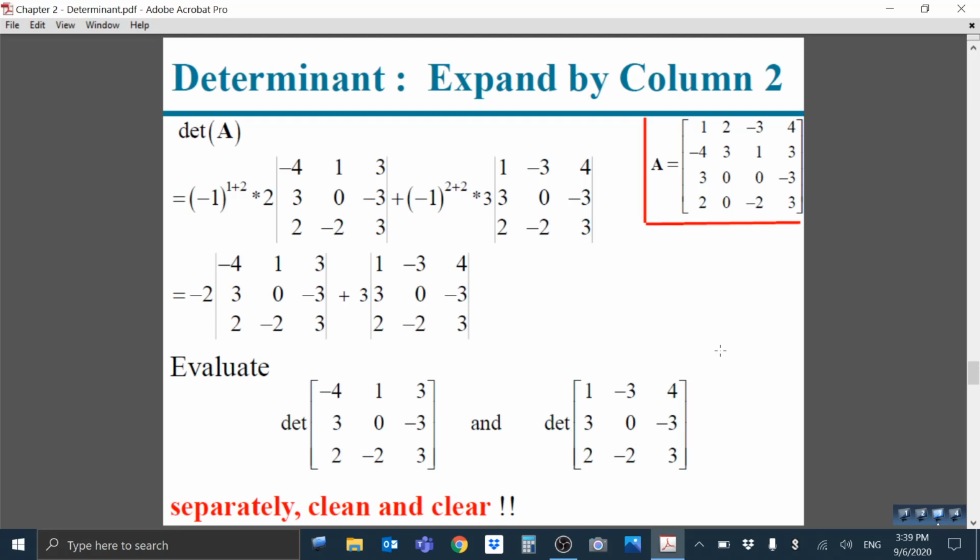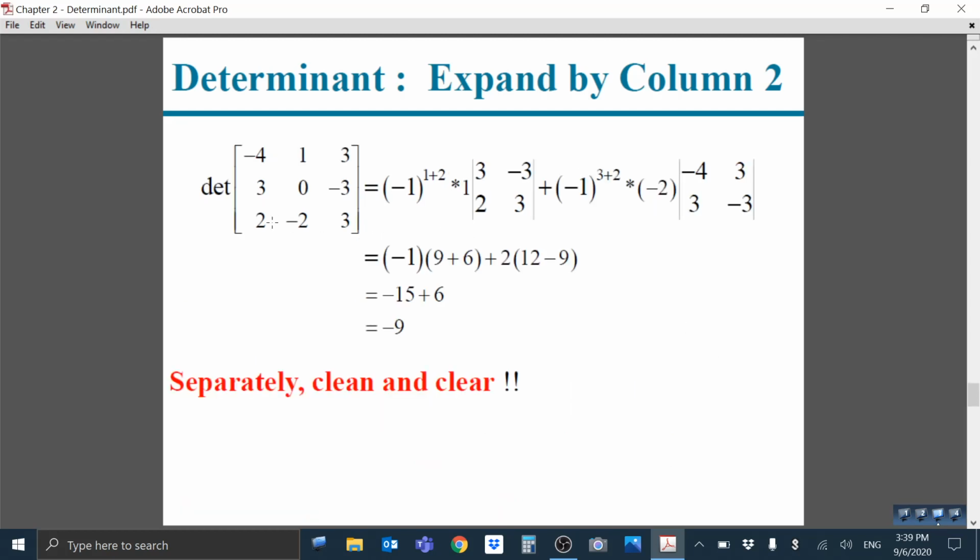So I'm going to compute the determinant for each of those matrices separately. I'm going to be smart. I want everything to be clear and clean so everybody can see it and check it, and I can double check my work. So to compute the determinant of the first 3 by 3 matrix, again the matrix is here, I can pick any row or any column I like.